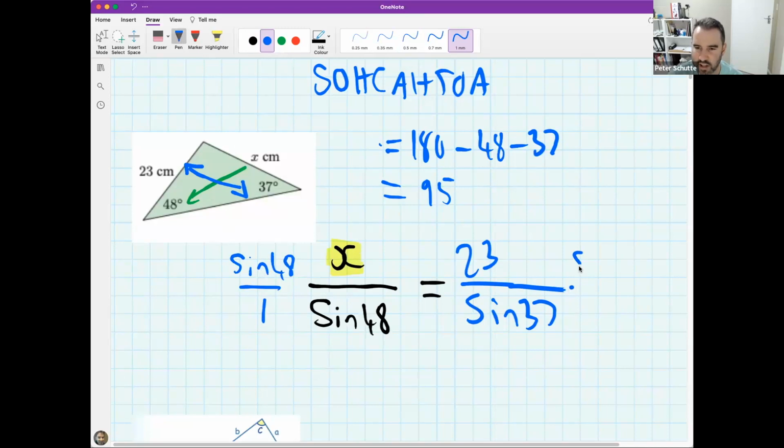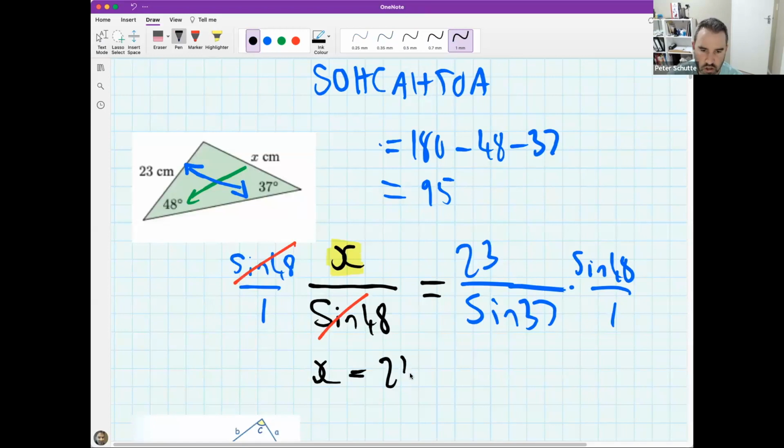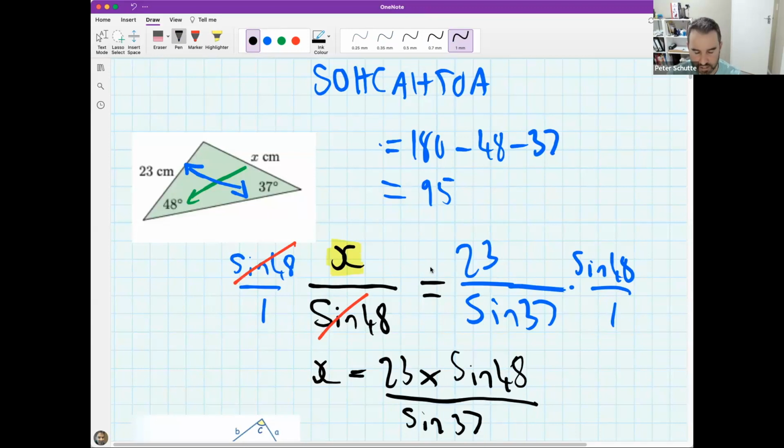Or you could just say the sine of 48. And what will happen if you do that is you will get this thing over here. x is equal to 23 times the sine of 48 over the sine of 37. Now, a lot happened there, so let's just reverse for a second.